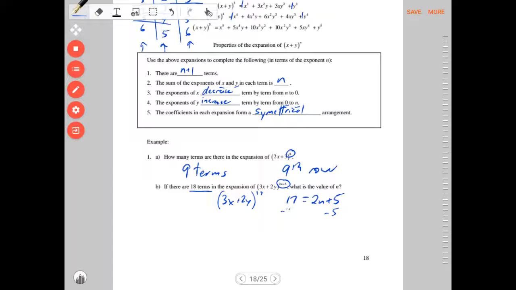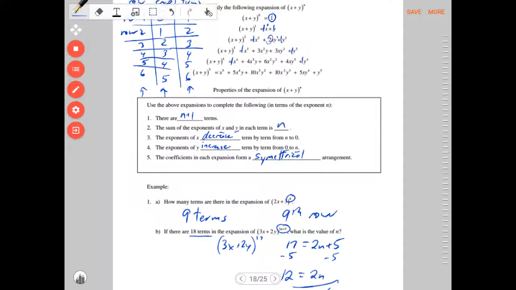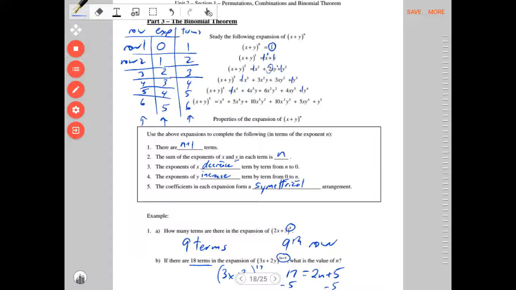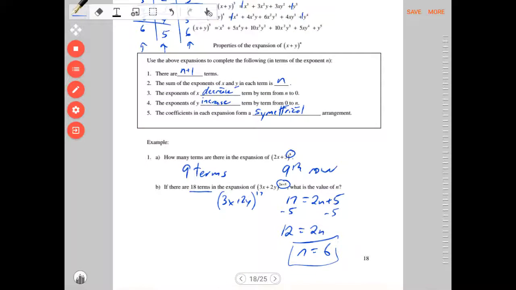So minus 5, 12 equals 2n. So n equals 6. So this little pattern here just helps us expand any binomial, and we'll get to that in a minute. We're just learning some basic patterns right now.